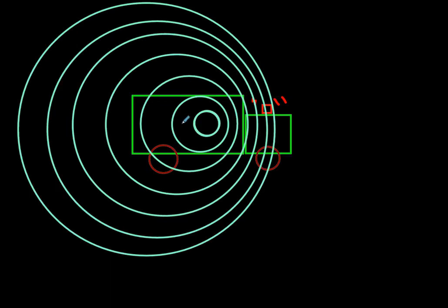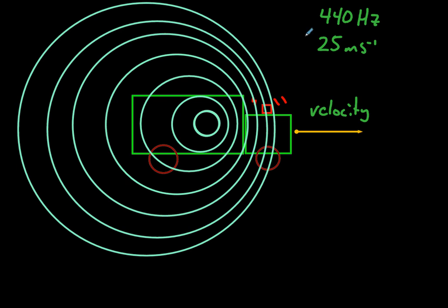Okay, so now the ambulance is moving, and it's moving in this direction. So it now has some velocity forward. And let's say it's moving at 25 meters per second. And we've got our frequency at 440 hertz.